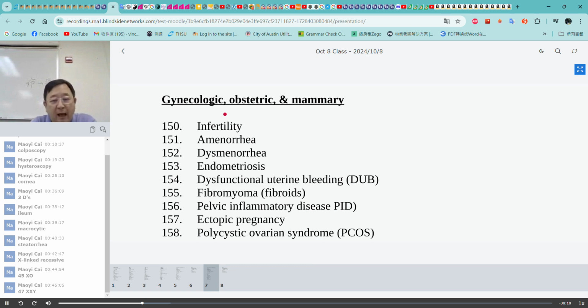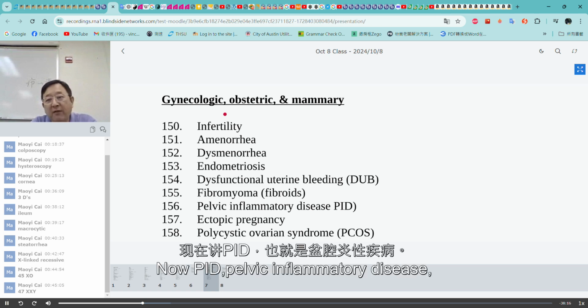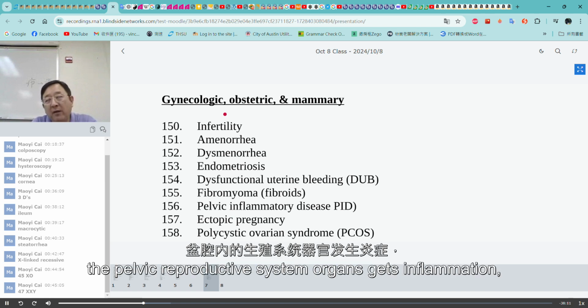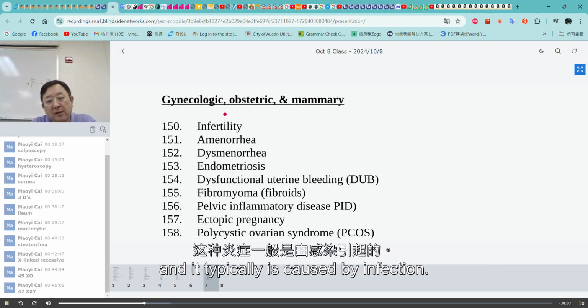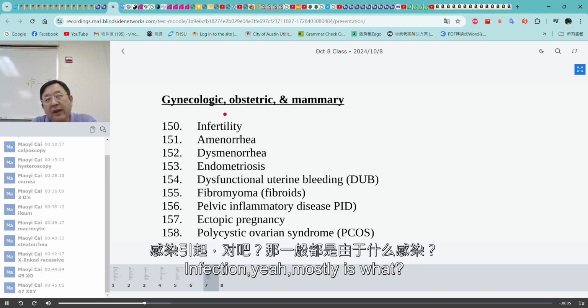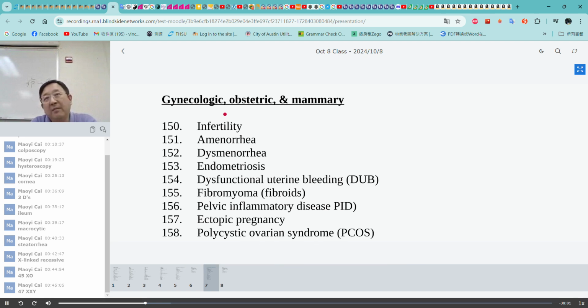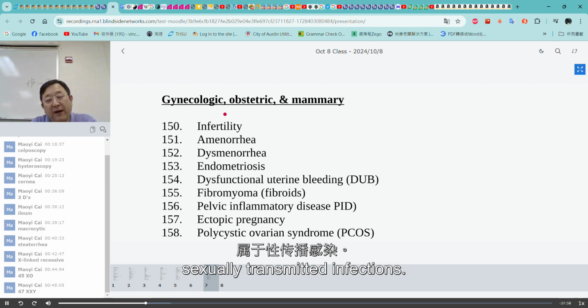Now, PID, pelvic inflammatory disease. This is when the pelvic reproductive system organs get inflammation, and it is typically caused by infection, mostly chlamydia and gonorrhea, sexually transmitted infections.